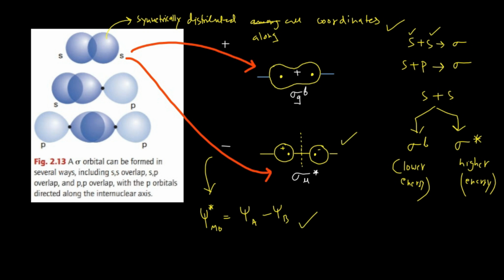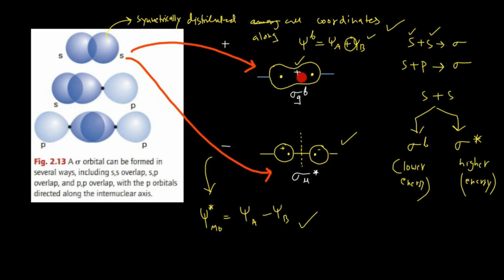But if you want to form your bonding molecular orbital, then the two wave functions of the atom get added together, right? So this is your bonding interaction. When this addition overlapping is there, this positive sign is showing the addition, what will happen?